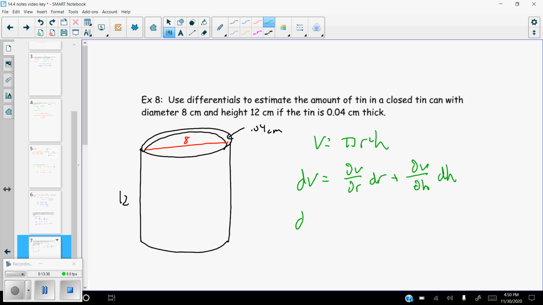So let's find dV. The partial of V with respect to r is going to be 2 pi r h dr. Plus, we're going to get the derivative of the volume with respect to h, which is just going to be pi r squared dh.